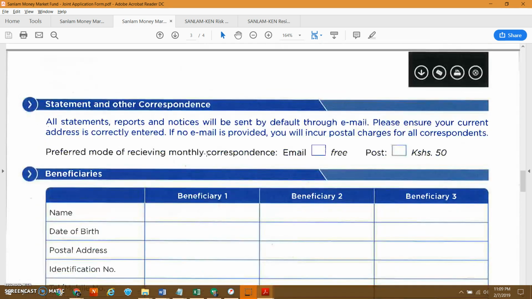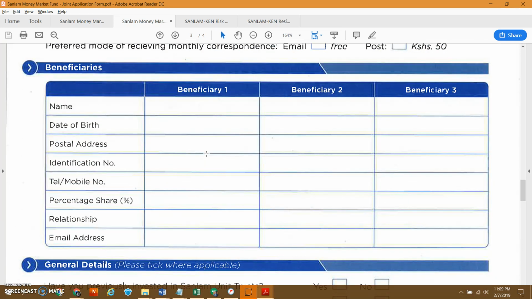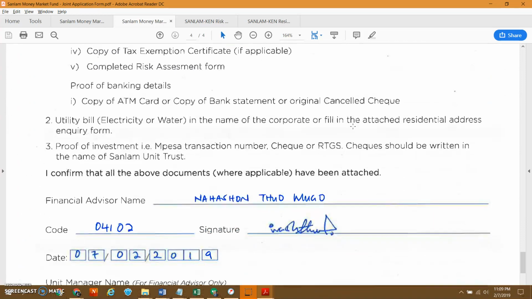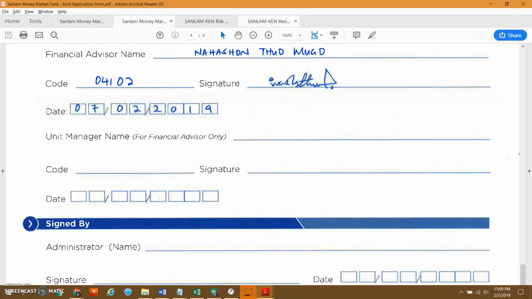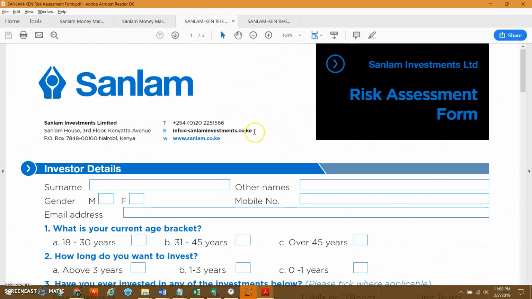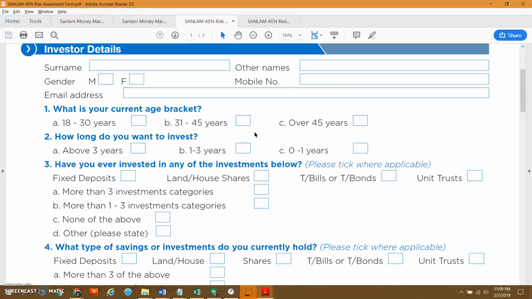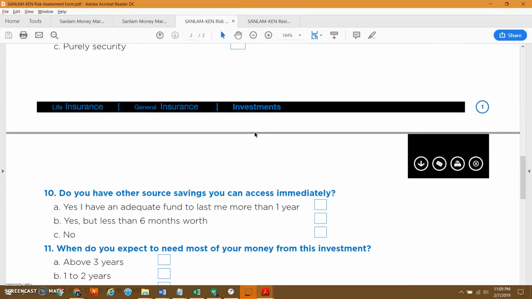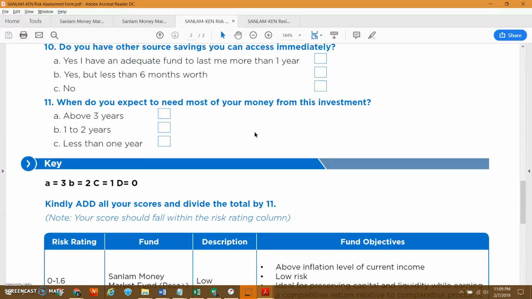When I look at this form, maybe for beneficiaries here, you'd have to include beneficiaries for each of the joint applicants. That seems okay. When I come to the risk assessment form, this is a nifty form that I highly recommend that you fill, because it takes you through a couple of questions, and at the end of the questions you'll be able to understand your risk profile, and this is something that you can use in your future investment decisions.